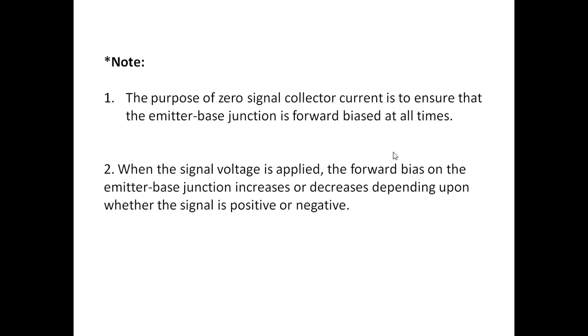Since the emitter junction is already in forward bias, irrespective of the input signal, if it is positive, the output current increases. If the input signal is negative half, then the output current decreases. So this will be added to the zero signal collector current.